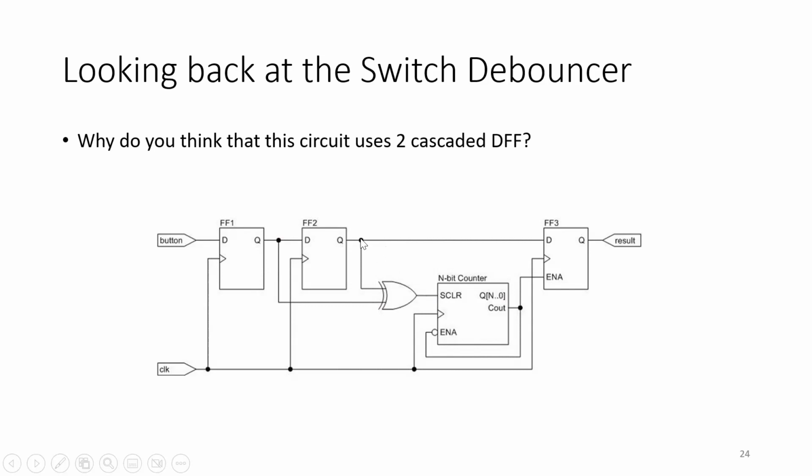When those two are identical, I will have 0 here, so the S clear is not asserted, and I can start my counting. After I reach the terminal count, I have an enable that will give me the output. I believe we did that before.